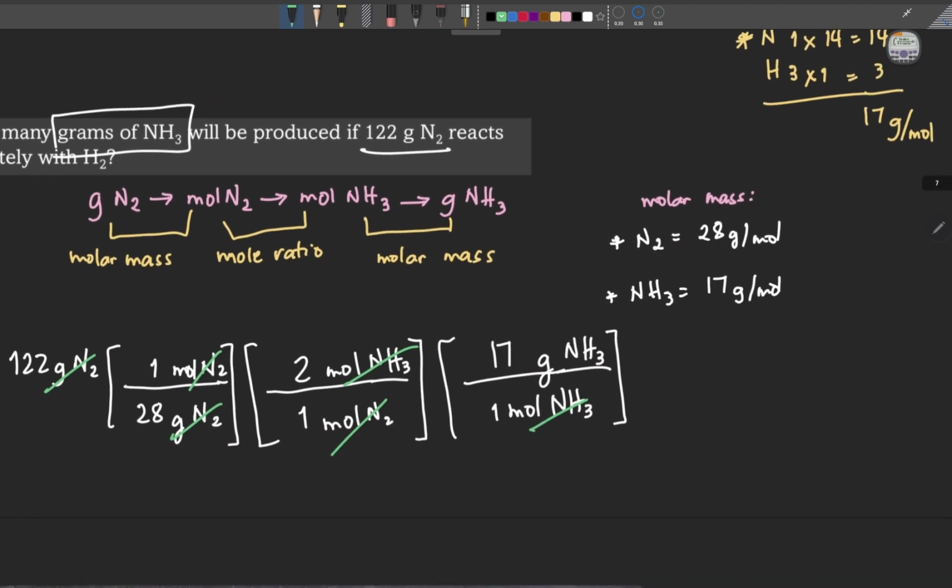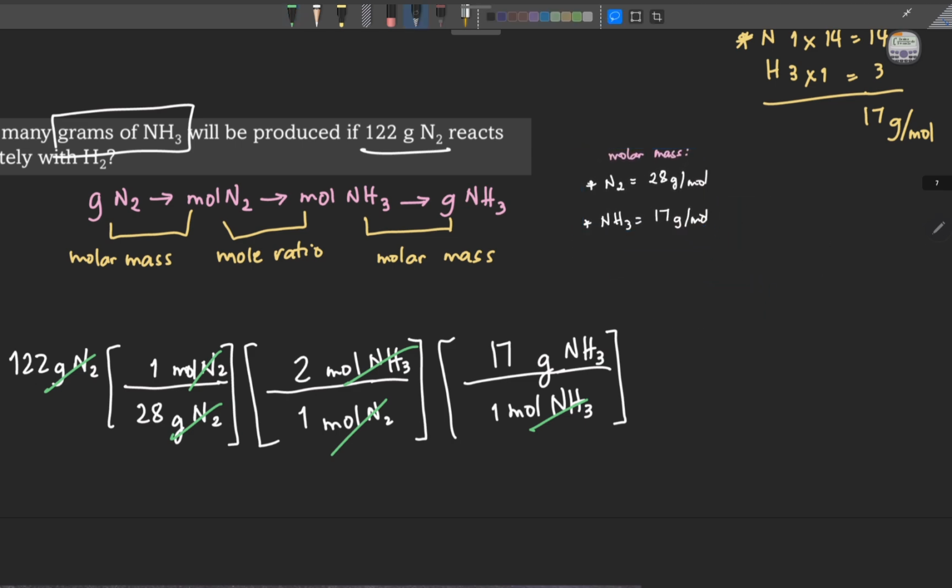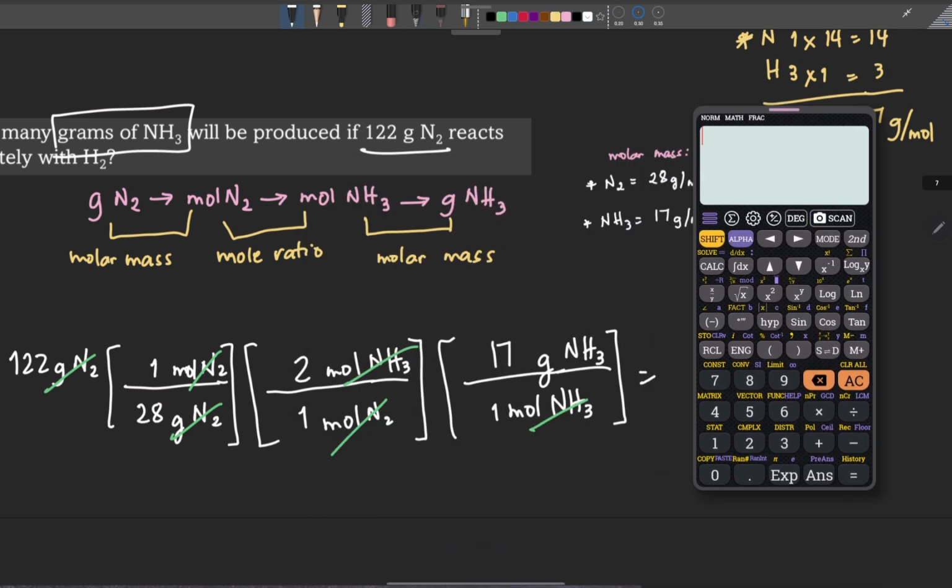So we have now grams of NH3. So solve that. This is our calculator. So you put everything on numerator, then divided by 28 times 1. So that will be 148.14.